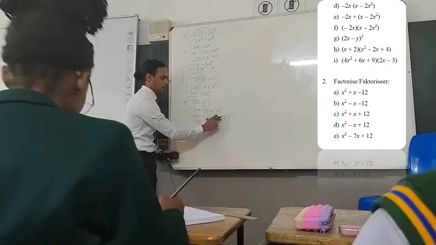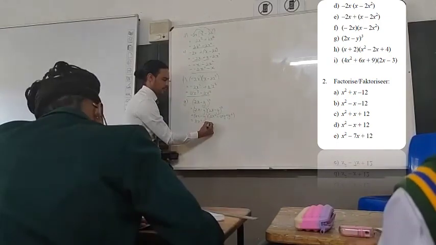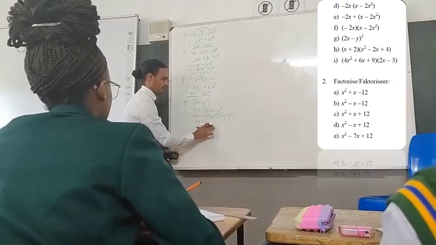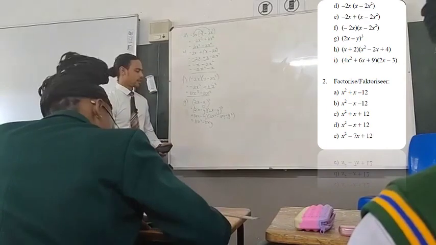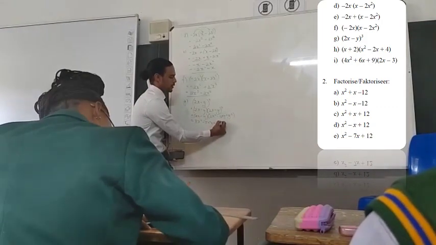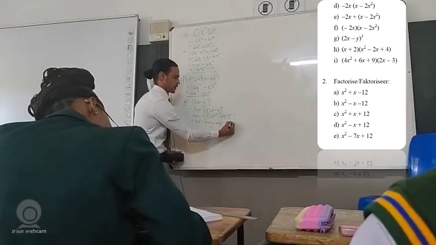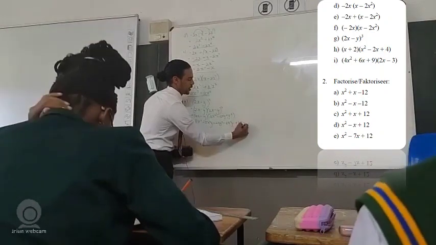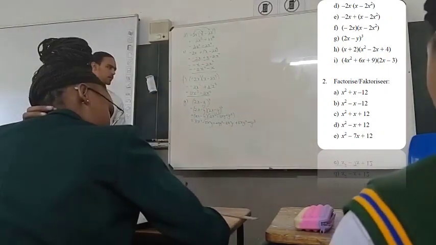And then 2x times negative 4xy is going to be negative 8x squared y, and then 2xy squared, plus 2xy squared, and then negative 4x squared y, negative 4xy squared, and then the last term is going to be negative y cubed.